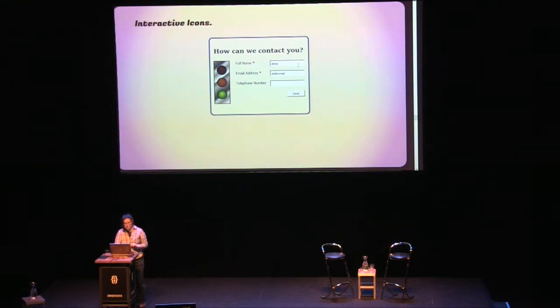You put in reasonably useful answers to the form, it suddenly becomes valid, and the stoplight changes color. So red for invalid. If it doesn't like your telephone number, oh, that doesn't work. Should work. Anyways.